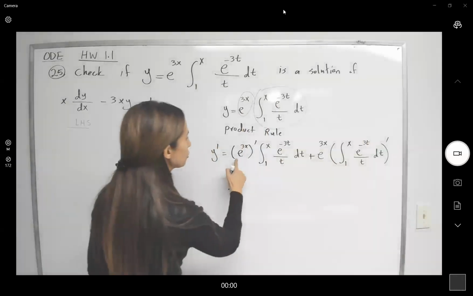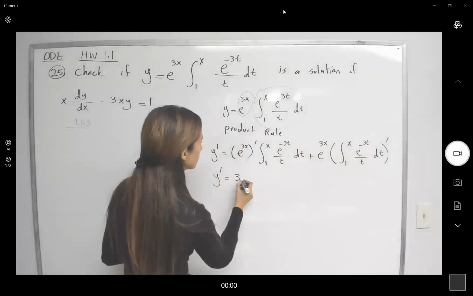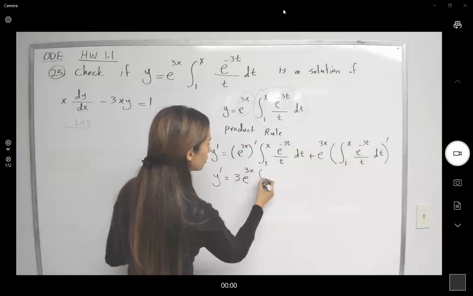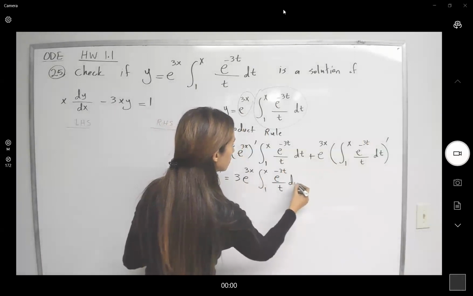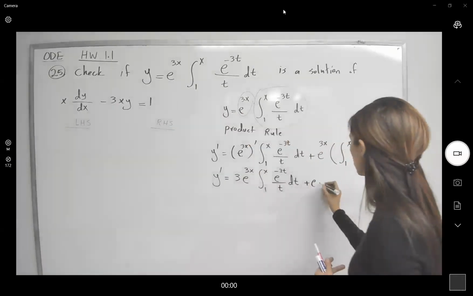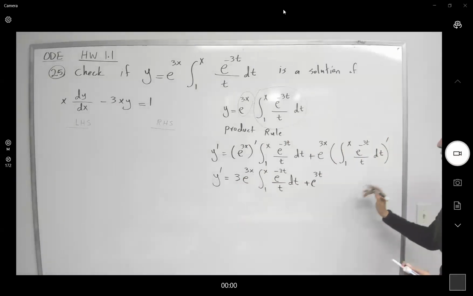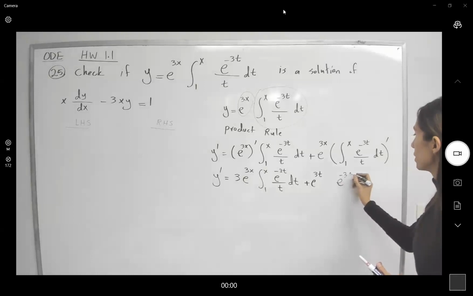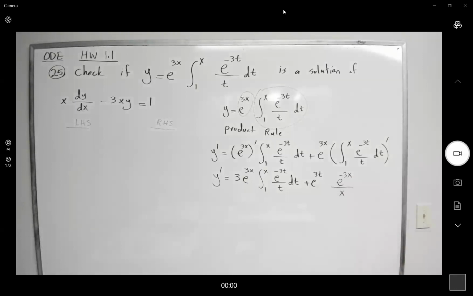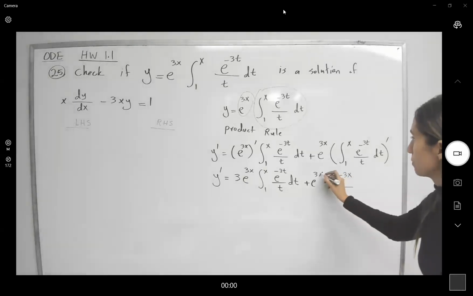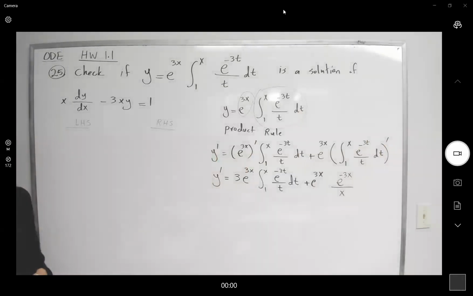The derivative of e to 3x, using the chain rule, is 3 e to 3x multiplied by this integral, plus e to 3x, and the derivative of this integral is equal to e to negative 3x divided by x. So we found the derivative.